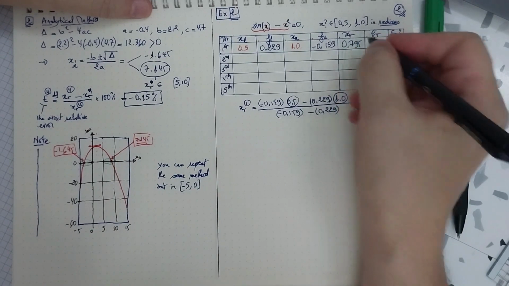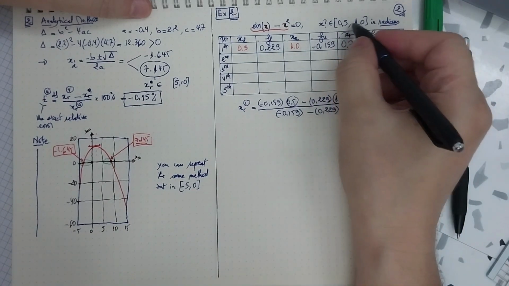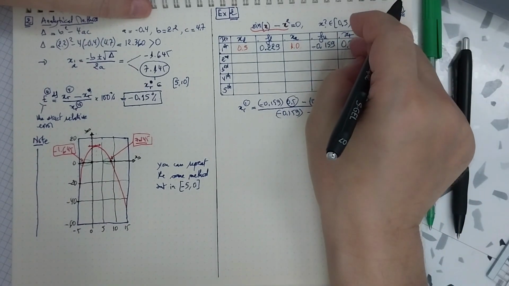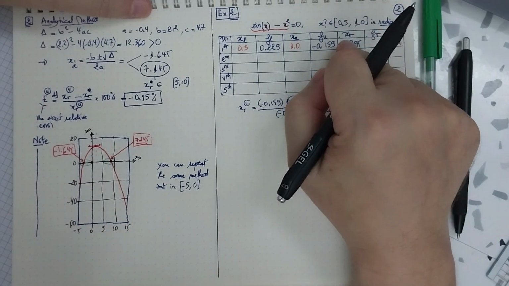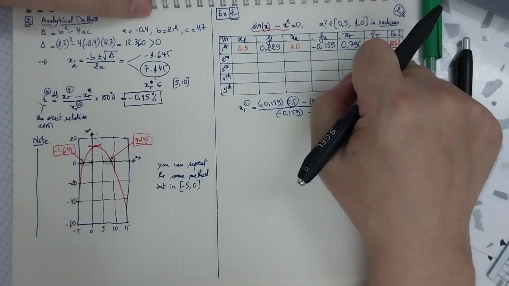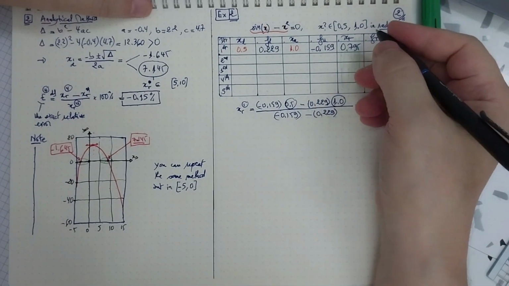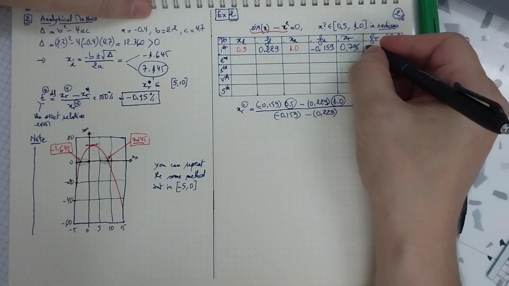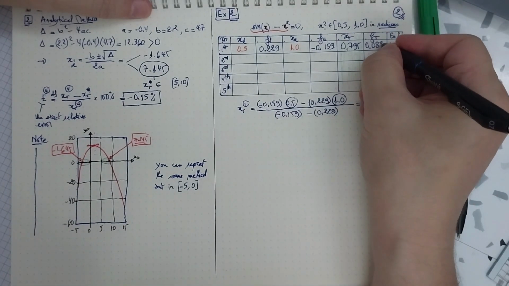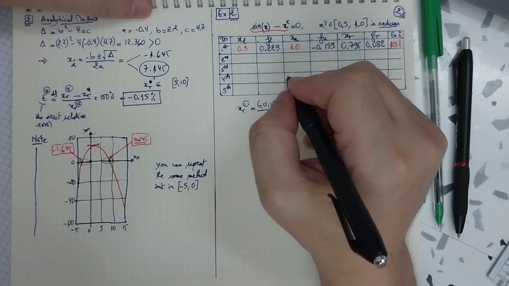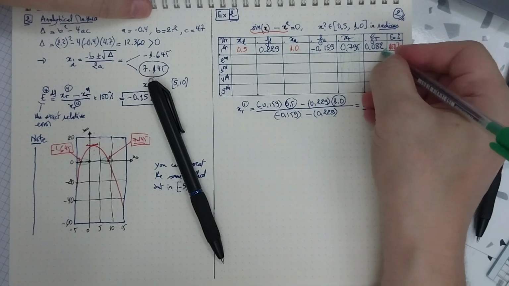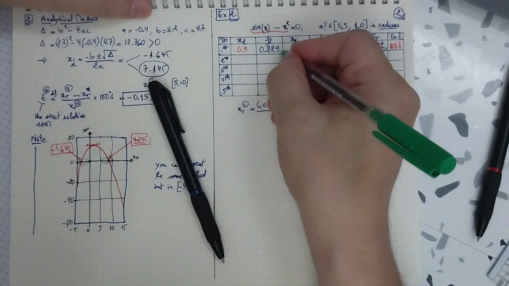So I have 0.795. I check it's between 0.5 and 1. That's important. And then I replace the abscissa in the function to obtain the ordinate, the image. And I get 0.082. And then I check the sign, the rule of sign, FR with FL.